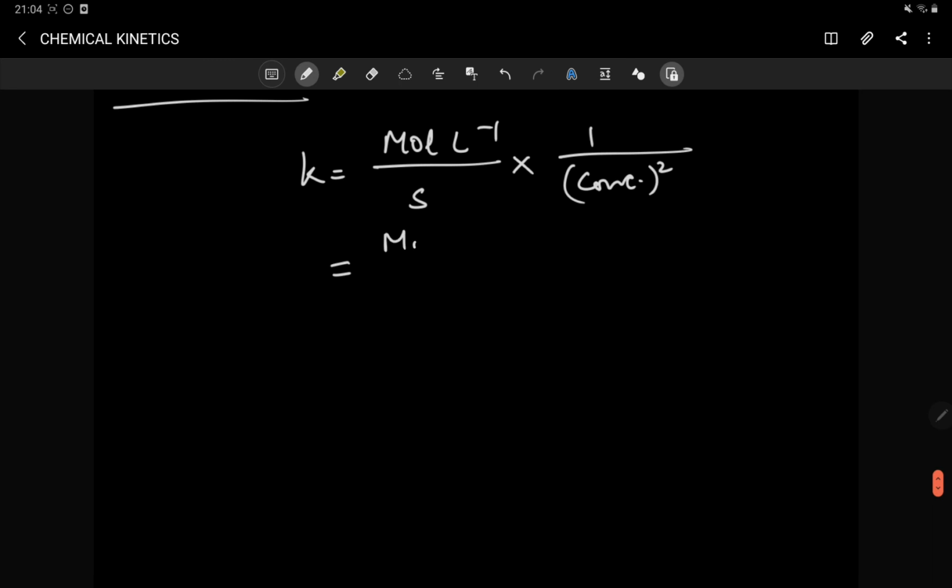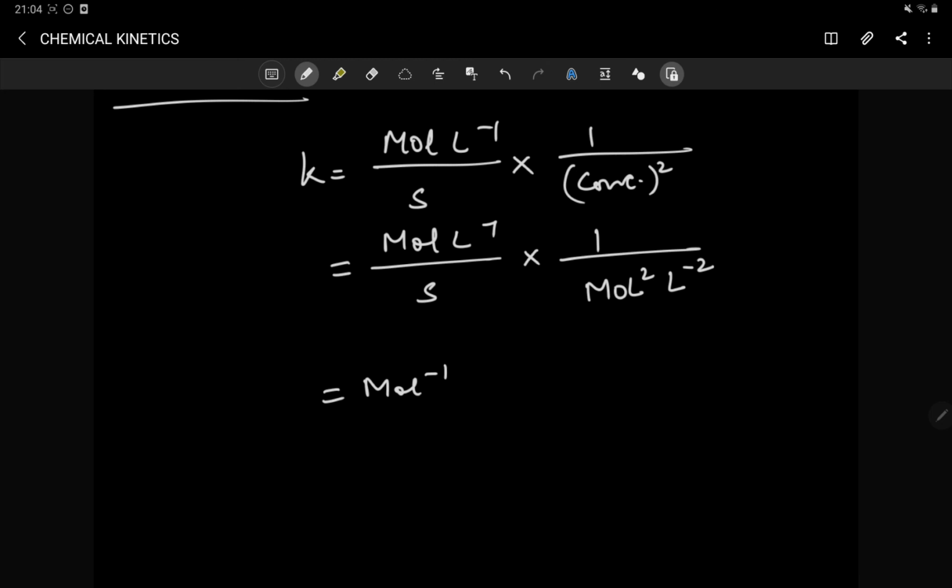So it is mole per liter divided by second into 1 upon mole square into liter minus 2. Now what are the units? It is going to be mole inverse. This will be cancelled, and we are left with mole inverse liter second inverse.